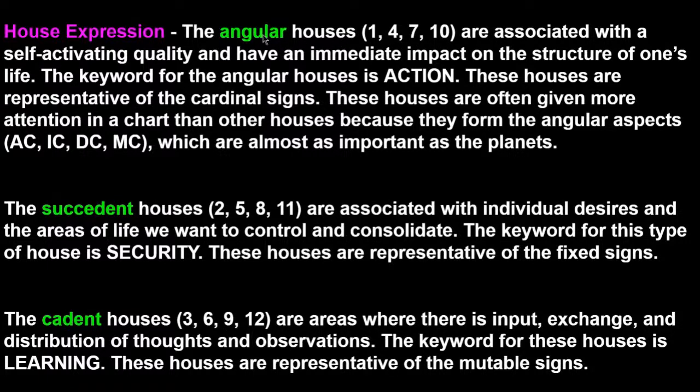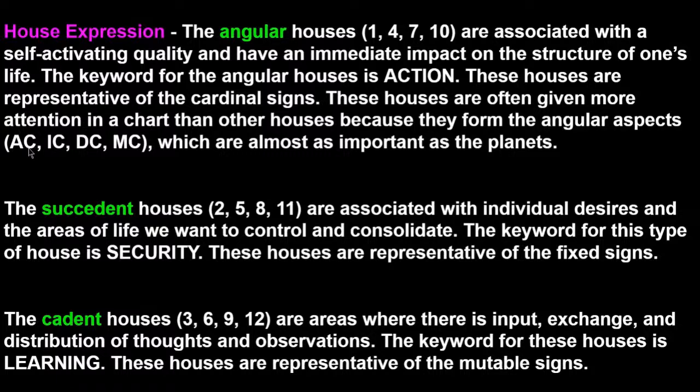These are the angular houses, and they are associated with a self-activating quality and have an immediate impact on the structure of one's life. The keyword for the angular houses is action. These houses are representative of the cardinal signs. These houses are often given more attention in a chart than other houses because they form the angular aspects.